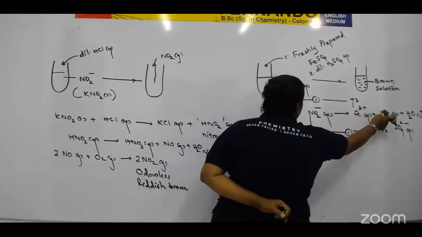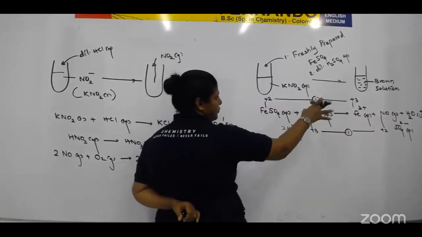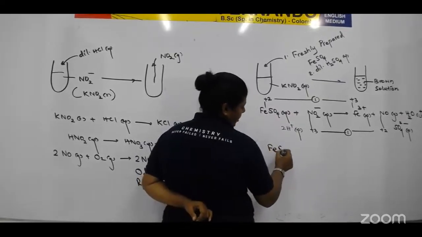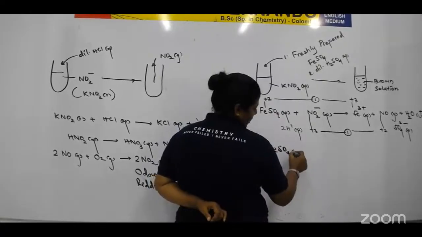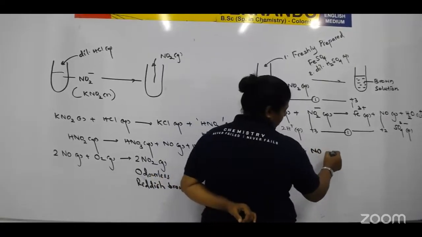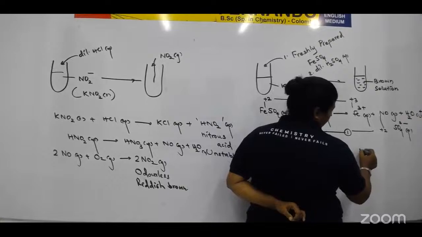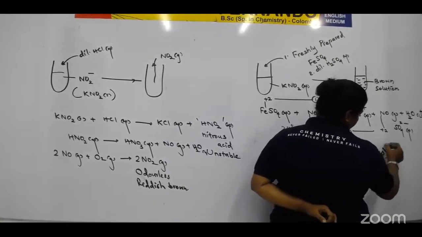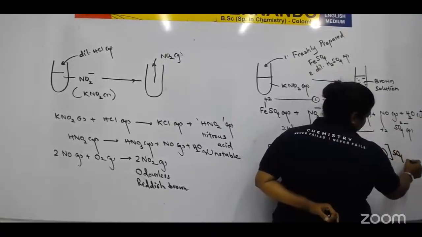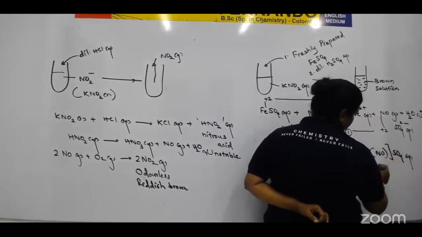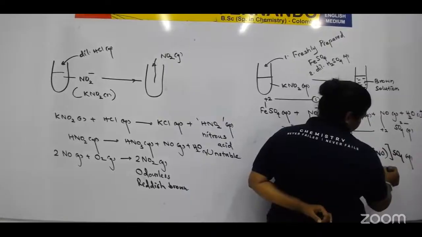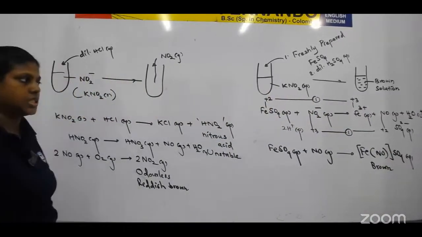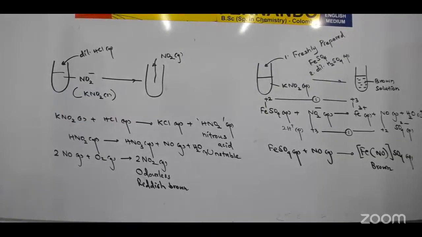Then NO produced in the first step reacts with the remaining excess FeSO4 to get the brown solution, FeNO-SO4. So this is the reason for the brown solution: a brown complex forms. Please put it.